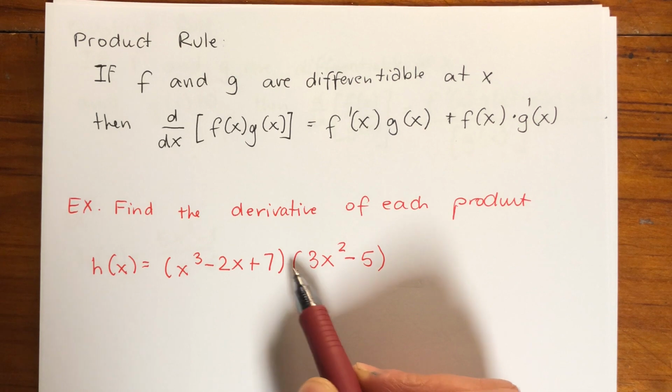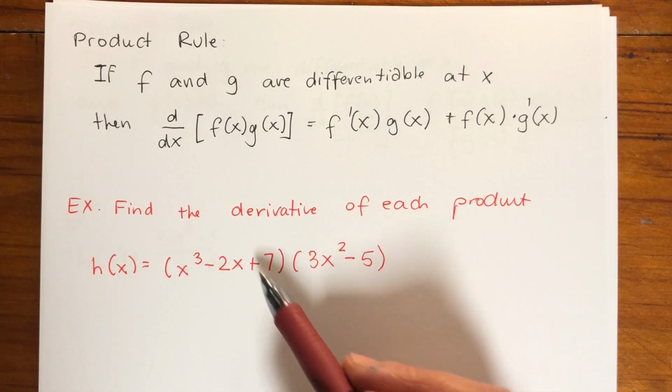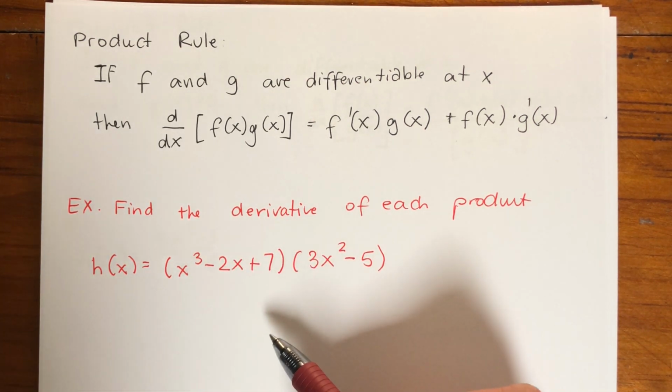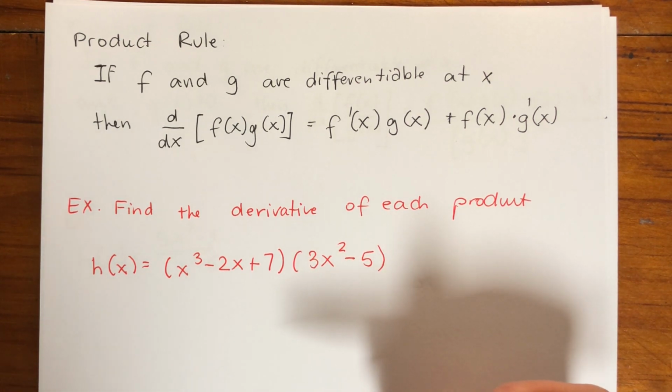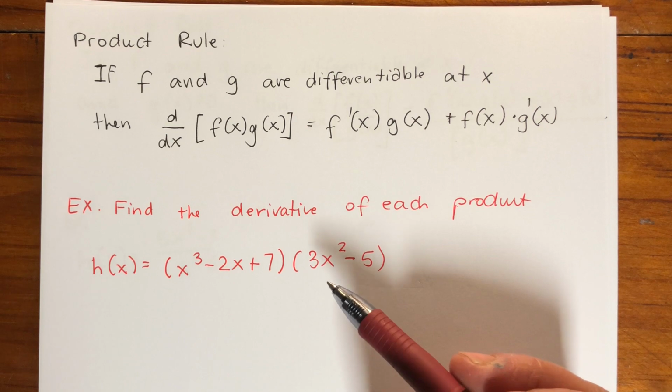Well, somebody could say, well, can we distribute and then find the derivative? Yes, you could, but sometimes you will have examples that are more complicated, and it is just easier to use the formula.